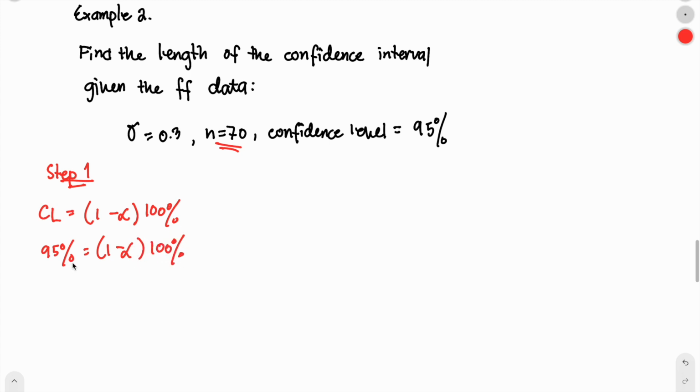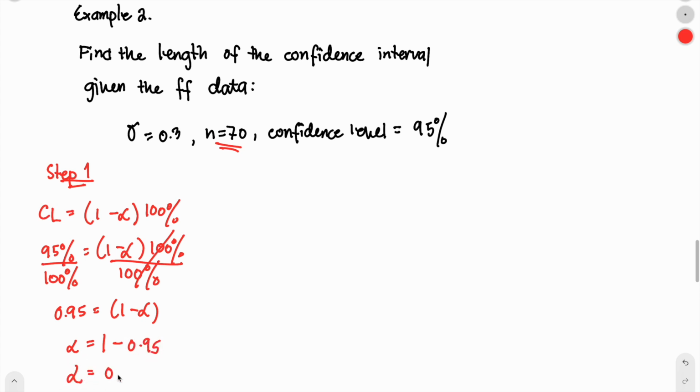To cancel 100%, we divide both sides by it. So we have 0.95 equal to 1 minus alpha. And transposing, we have alpha equal to 1 minus 0.95. Therefore, our alpha is 0.05.